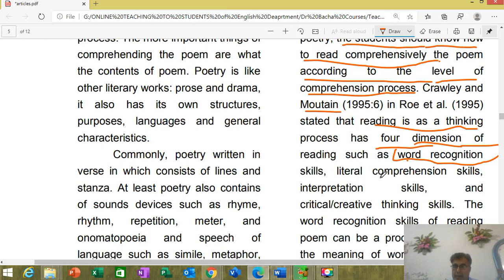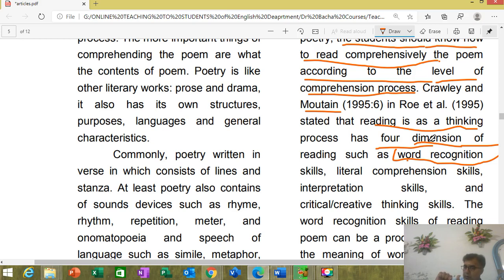comprehension skills, interpretation skills, and critical and creative thinking skills. Remember that reading as a thinking process has four dimensions.